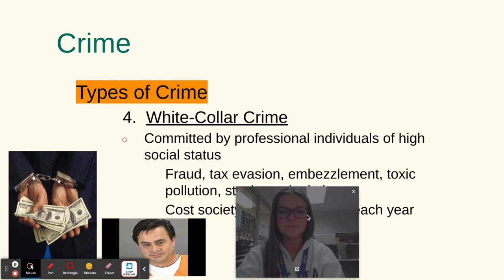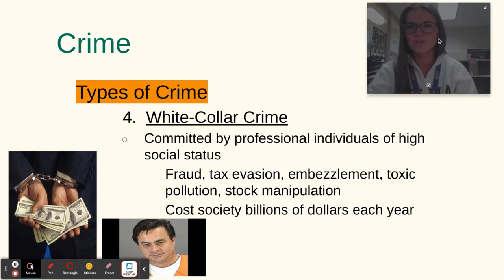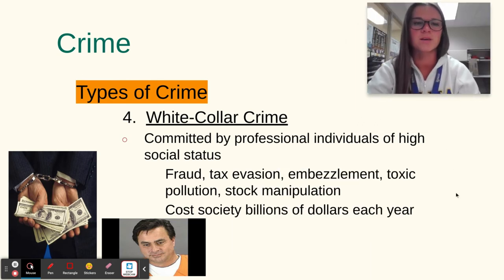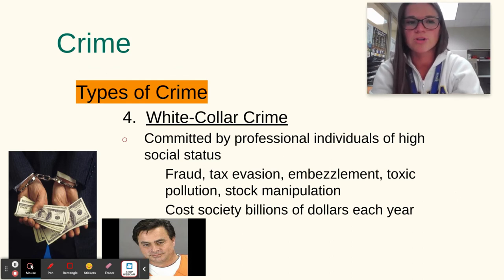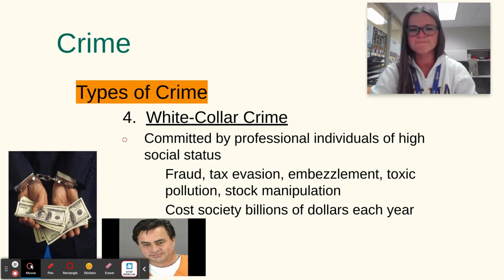The next type is white collar crimes. You might have heard in the news last week that Bernie Madoff passed away, kind of a king of white collar crime. White collar crime is committed by professional individuals of a high social status.